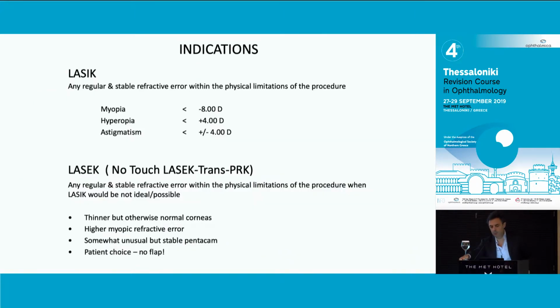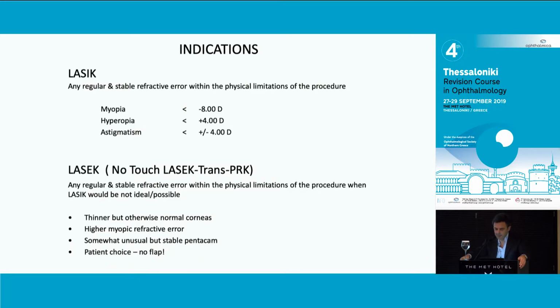For instance, LASIK usually works well for myopia up to -8, hyperopia up to +4 with the correct laser, and astigmatism up to 4 diopters. LASIK indications are a little bit expanded, because really we use mainly surface ablation where LASIK is not possible, because I'm pretty convinced that it's much safer in terms of post-refractive surgery ectasia risk.